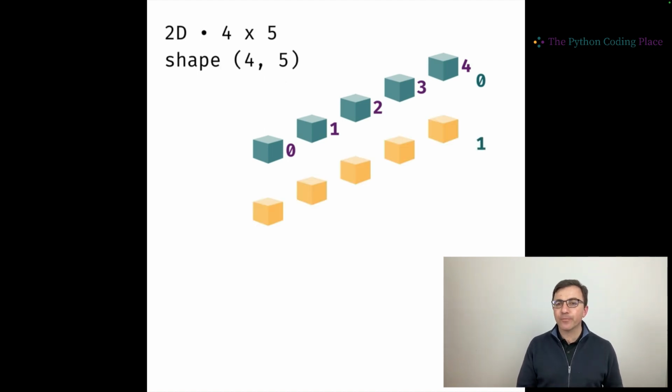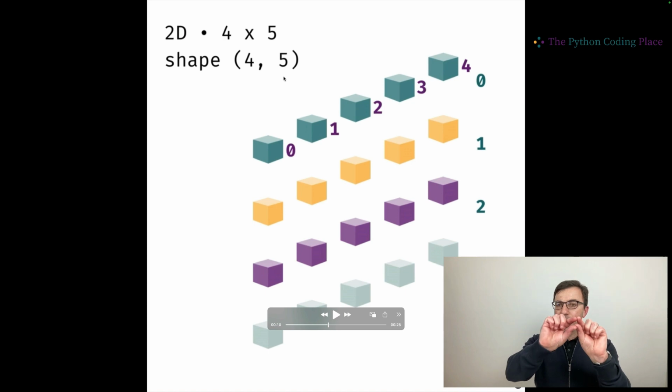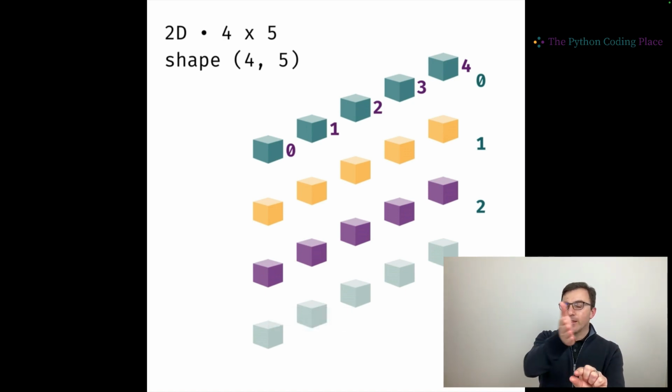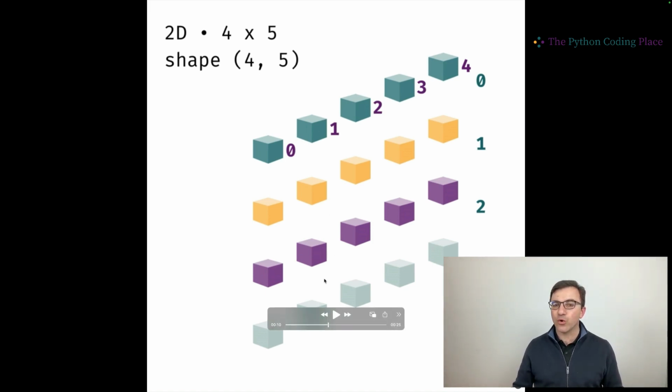Let's have a look at the animation, and that's where the first number, 4, now refers to how many rows we have. So the rightmost axis, the rightmost dimension, is what is shown as horizontal. It's the first one we put in. The one to its left is the next dimension we've added, which in this case is the vertical dimension. So we end up with 4 rows.